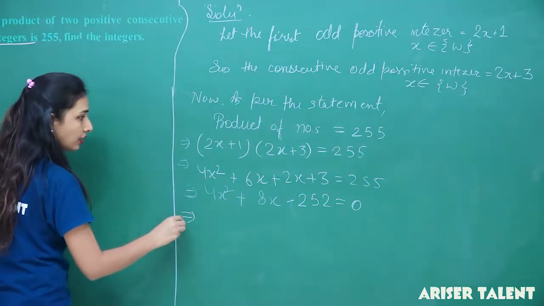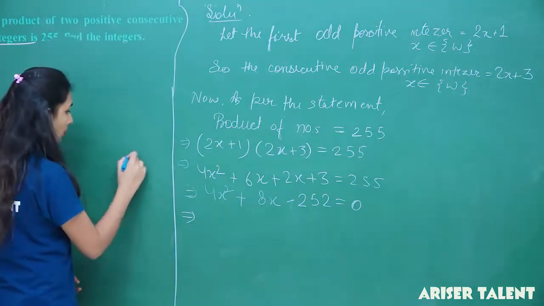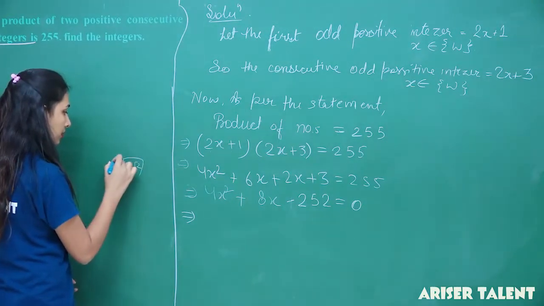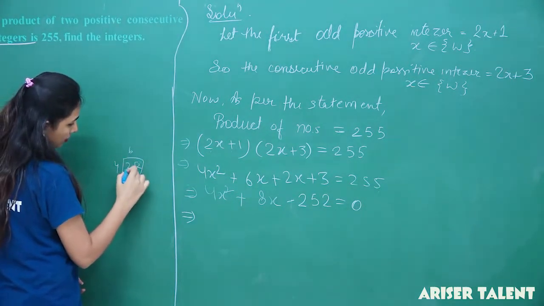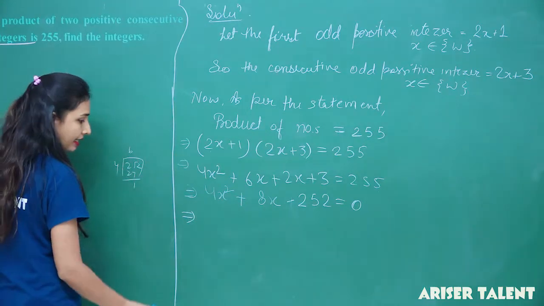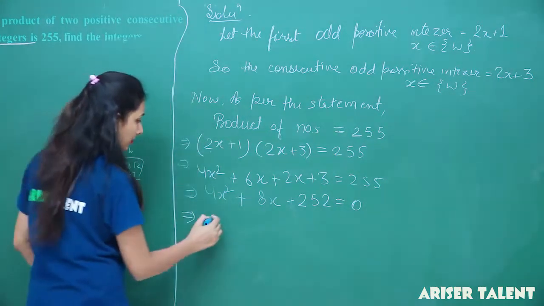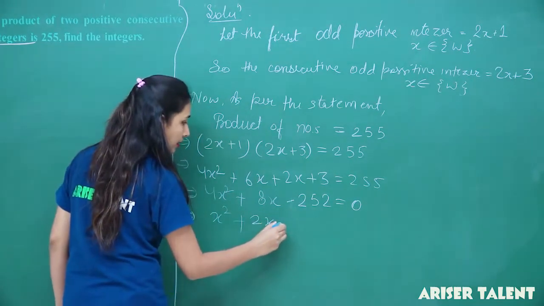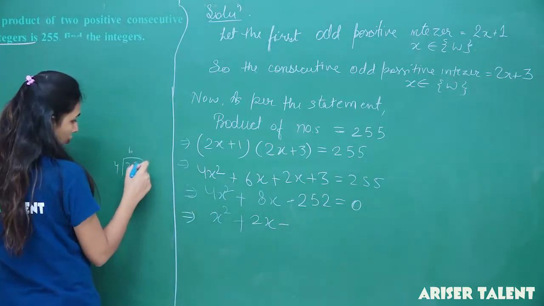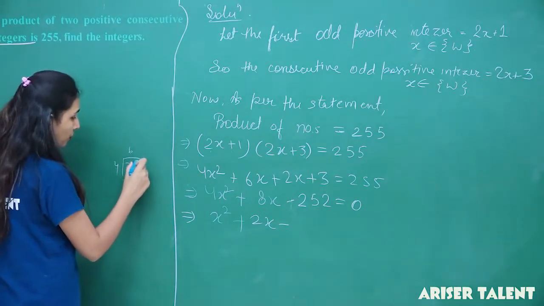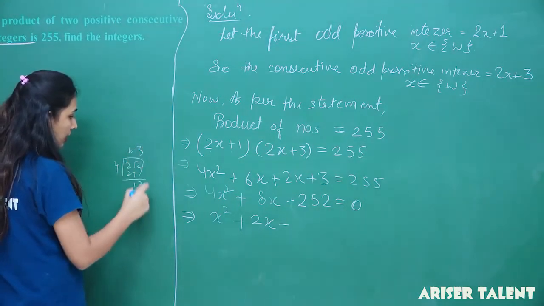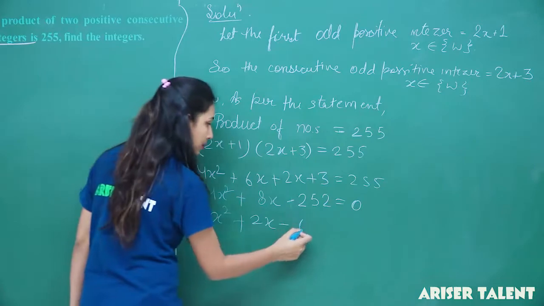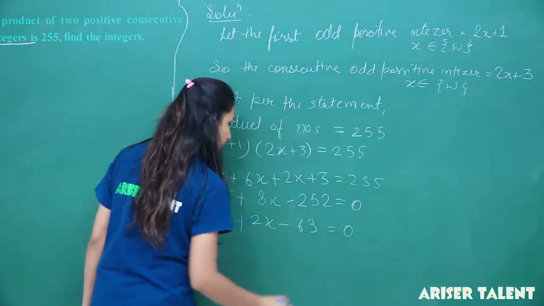Now can I take 4 common? It will become x square plus 2x minus 63 equals 0.